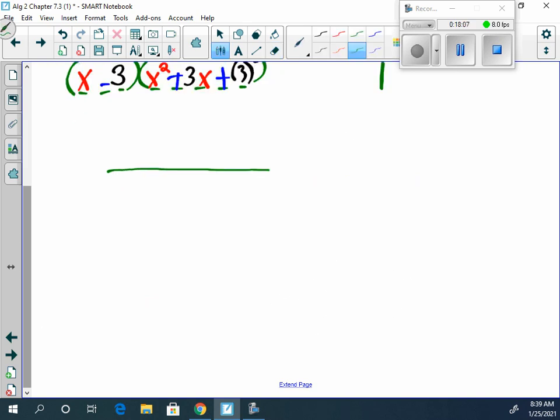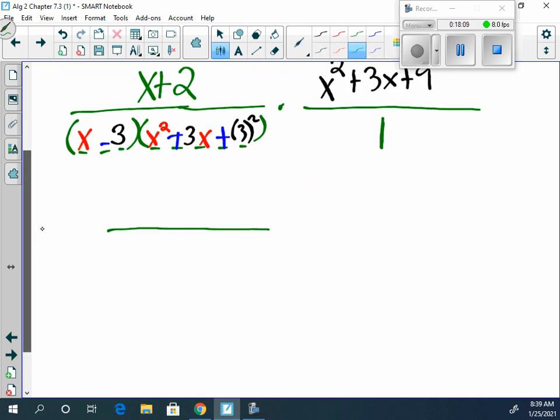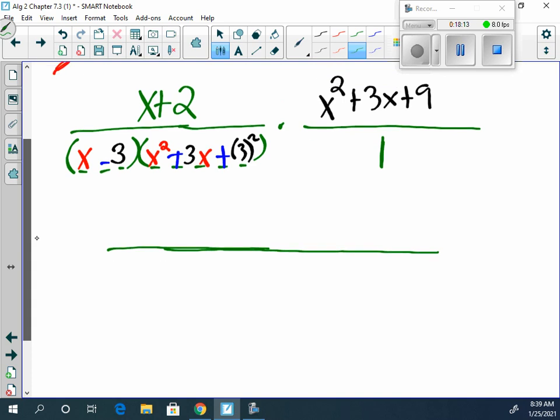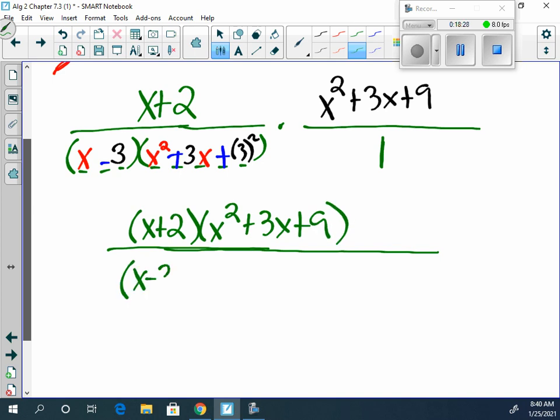Okay. We're going to do 2 steps in one. Because one, we can re-multiply these together. Yes, the tops can multiply together. So I'm going to have x plus 2 times x squared plus 3x plus 9 over x minus 3 times x squared plus 3x plus 9.